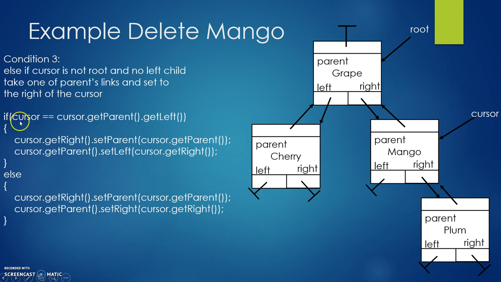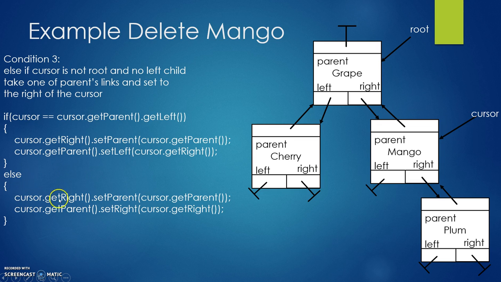Okay, so here we're going to see: cursor is pointing here. Is it cursor get parent, get left? Well, cursor get parent brings us to here, and get left is here. So no, it's not, because cursor is pointing here, and cursor get parent get left is pointing here. So we're going to go to the else.